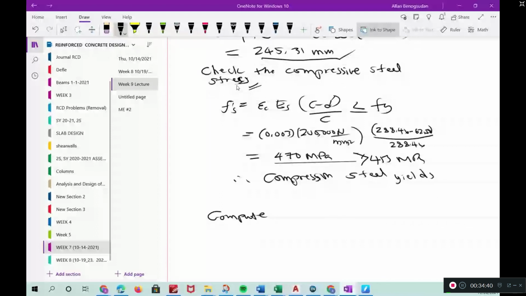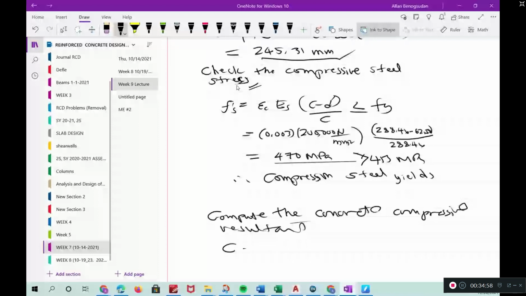So, let us compute the concrete compressive force, important.